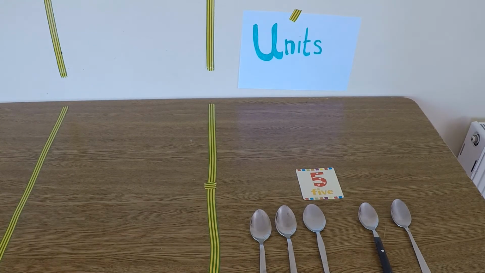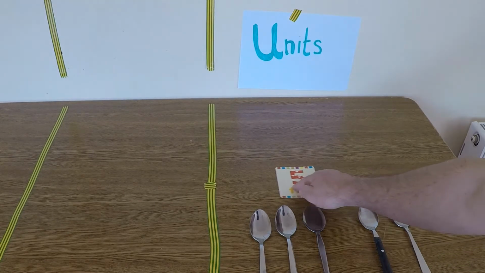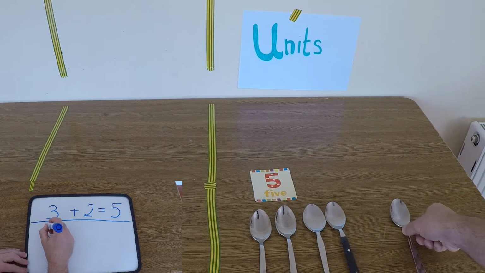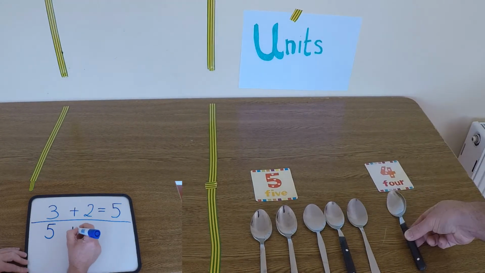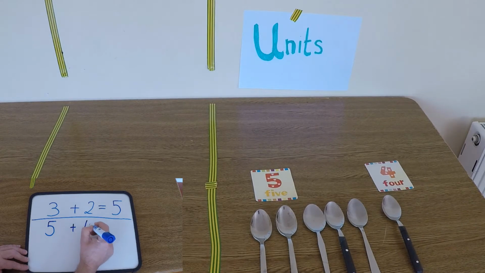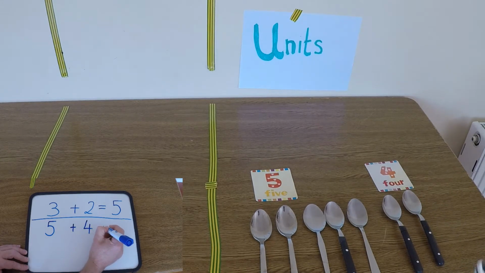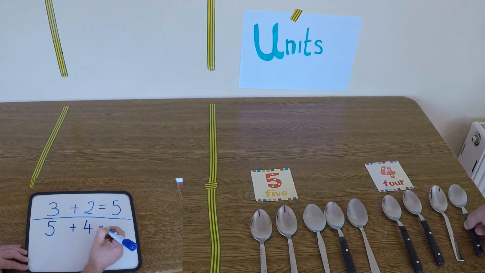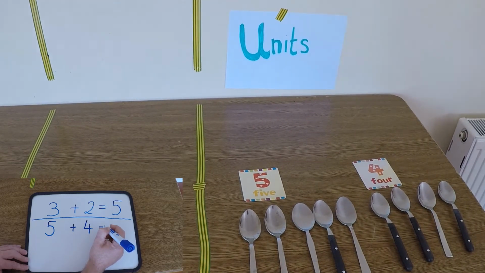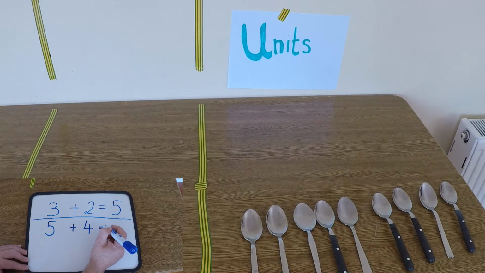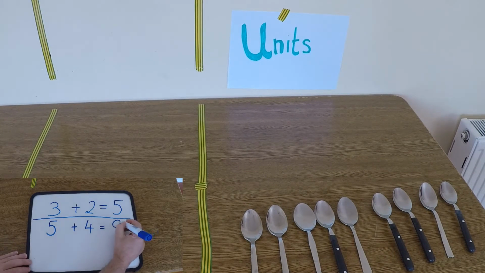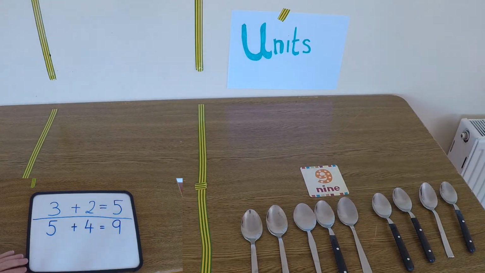If I wanted to add 4 more spoons to this, we would have 5 spoons and we're going to add 4 more. So we can get rid of the natural numbers 5 and 4 and replace them with the number 9. There are 9 spoons, or 9 units.